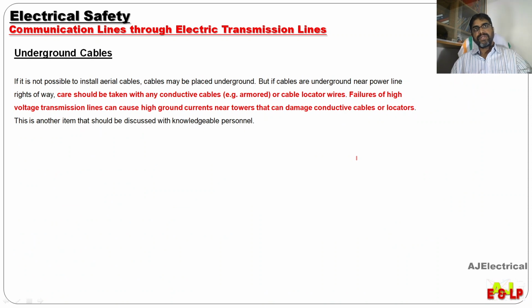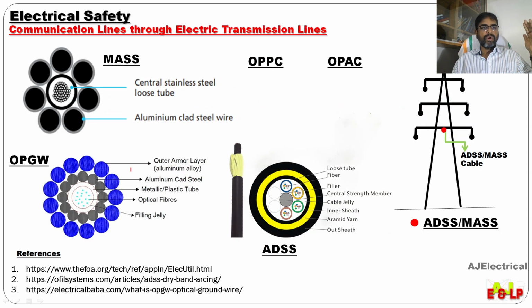So far we were discussing the different possibilities of communication through transmission towers, and I told you regarding OPGW, then OPAC and OPPC. See, OPAC means just tying a fiber along with the conductor. Then I told you regarding ADSS and MASS.